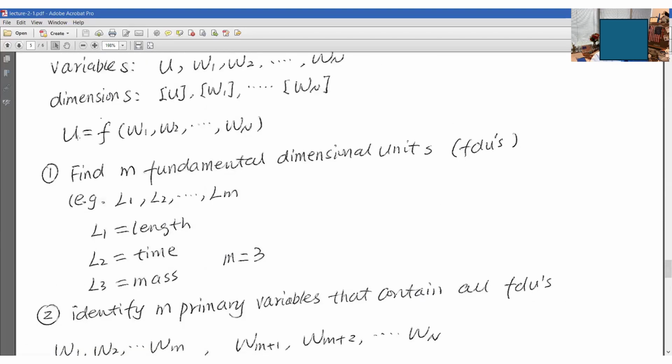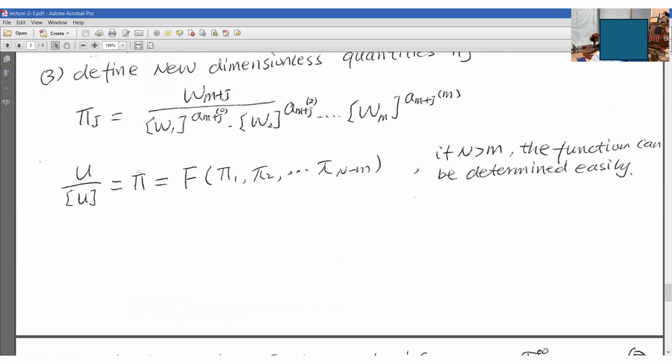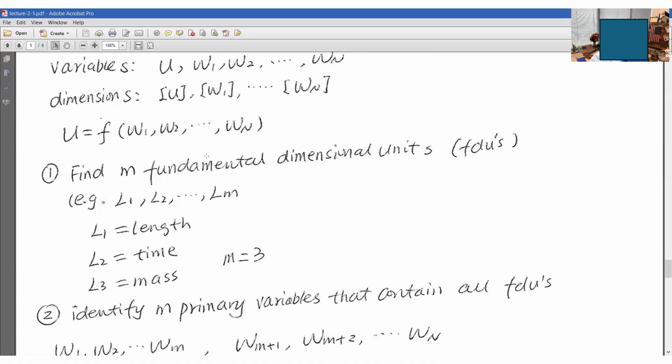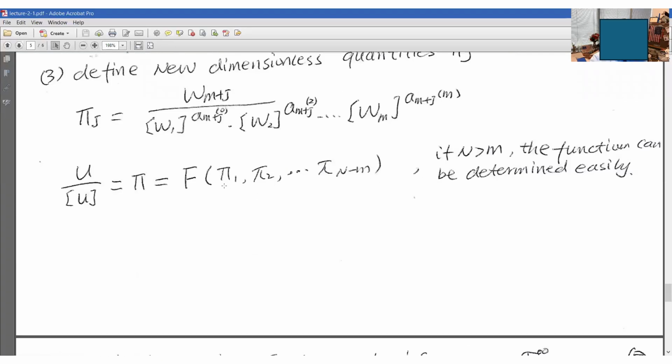So finally, this equation, where f is to be determined, becomes pi equals capital F. Because I just did these manipulations, definitely the format of the lowercase f and the format of the capital F will be different.